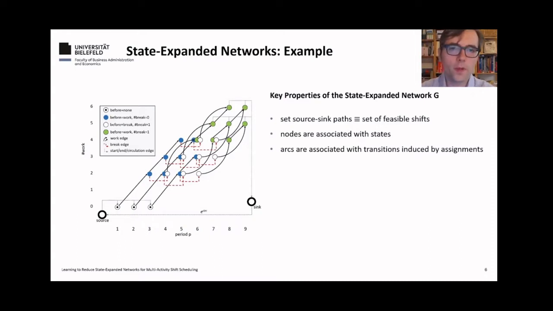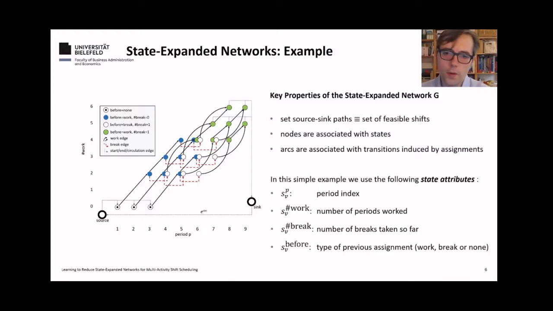In order to establish this key property, nodes are associated with rule-relevant state information in a way that only feasible states are included in the graph, and arcs are associated with transitions which are induced by work or break assignment. In order to model this simple shift scheduling example, we use the following state attributes.